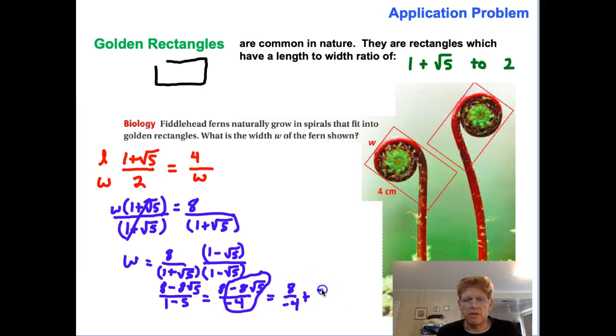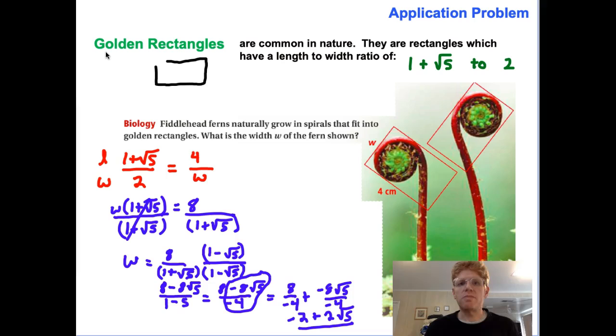We'll write that out as 8 over negative 4 and negative 8 square root 5 over negative 4. And when we get that done, we'll have 8 divided by negative 4, which is negative 2. And we're going to add that to a positive because we're dividing a negative by a negative. That's going to be 2 square root 5. And our answer will be negative 2 plus 2 square root 5.